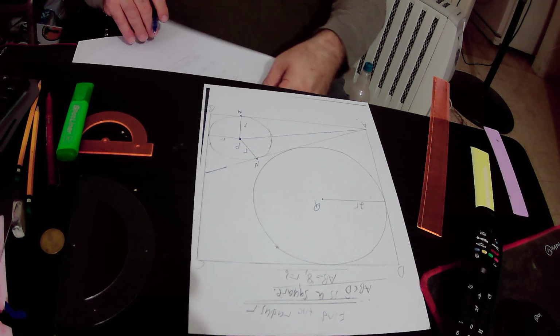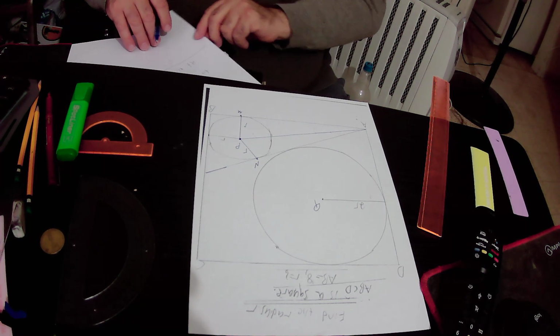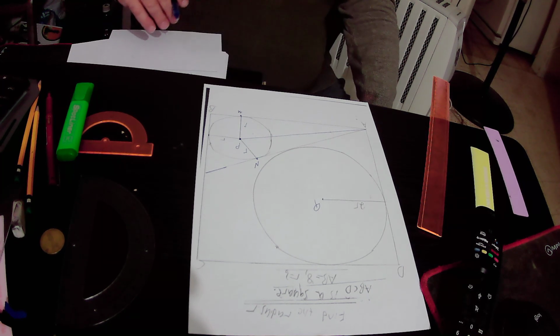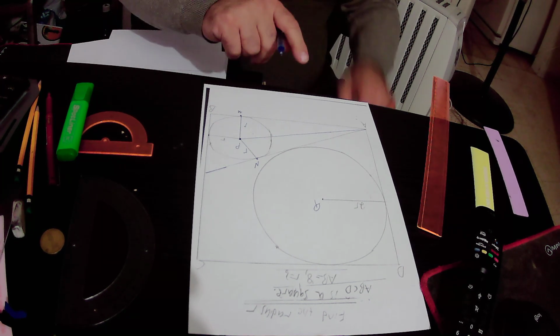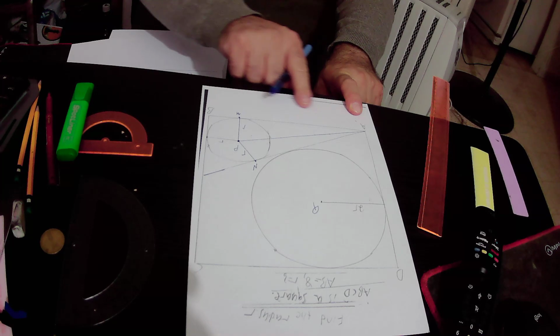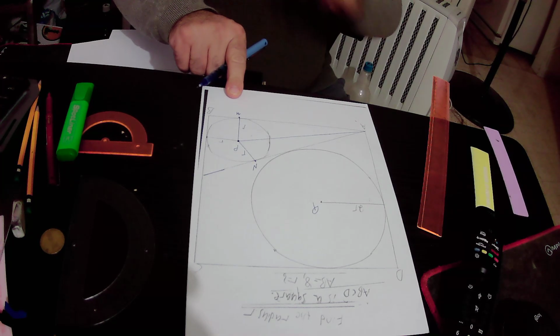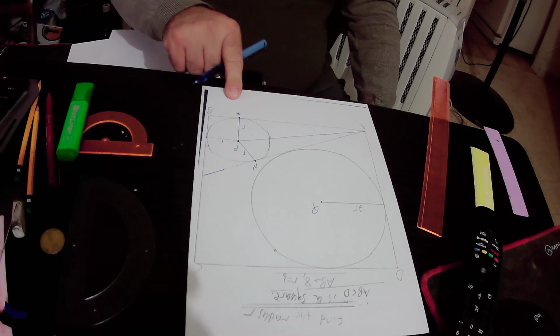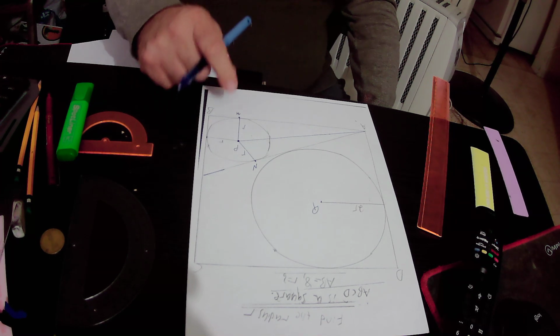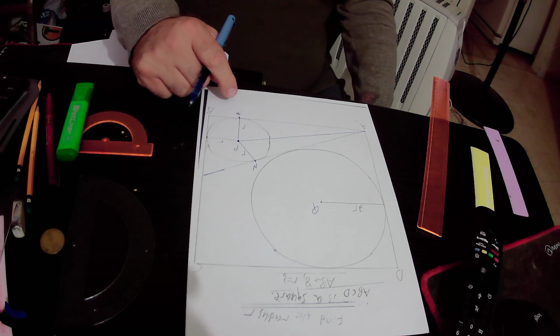So actually rule number 1 means that, for example, this tangent AM is perpendicular to the radius at the point of tangency.